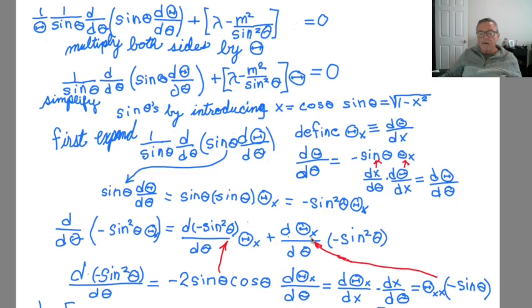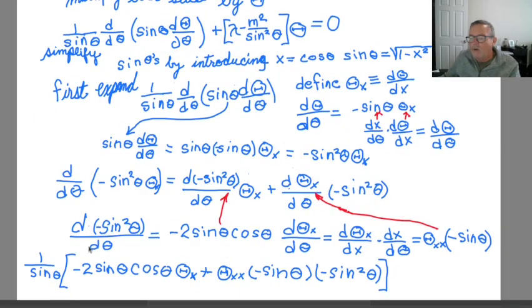This becomes the second derivative of the function theta with respect to x. That's what's listed here. We've got 1 over sine theta, and all of this stuff is supposed to come from what I have up here above. I can refer back to this and feel totally comfortable where it came from. Do you agree how they got that?